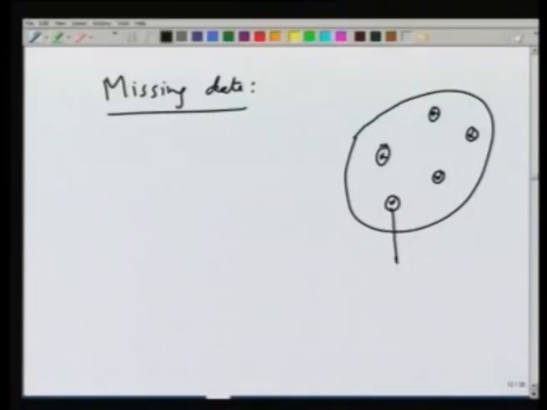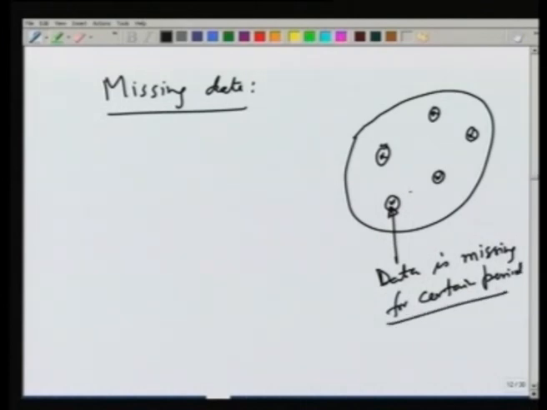Suppose this is the station at which data is missing for a certain period. But for the same period data is available at all these other stations.